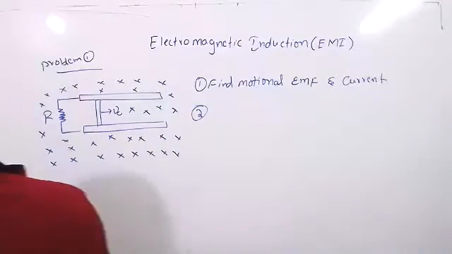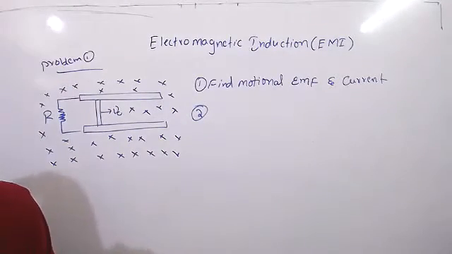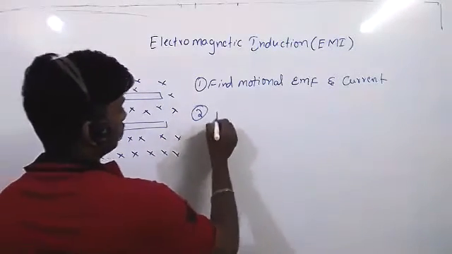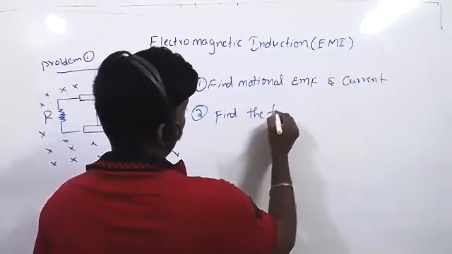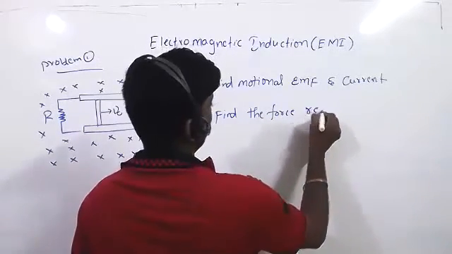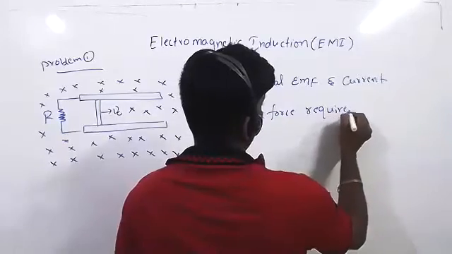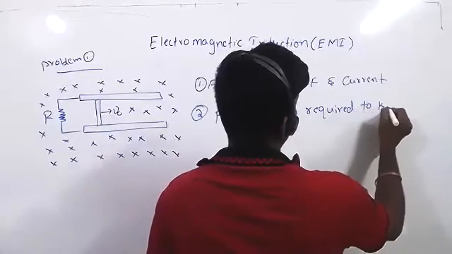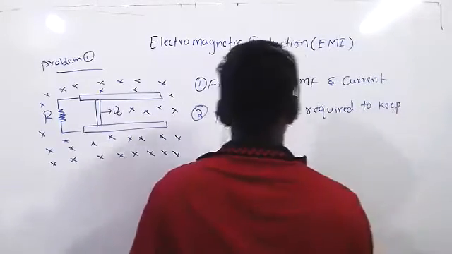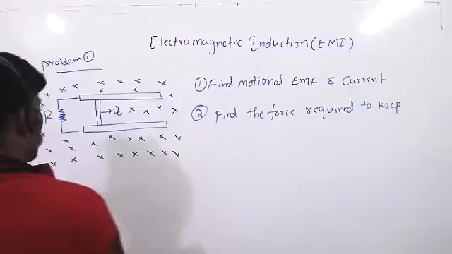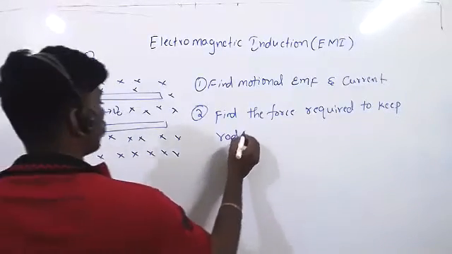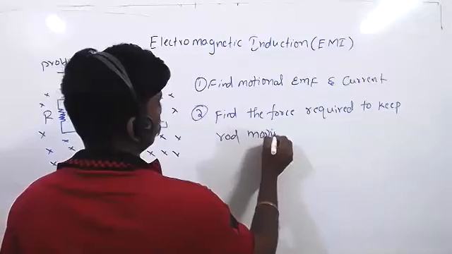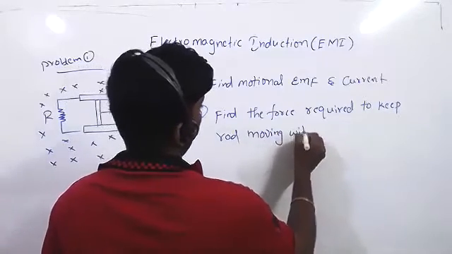Second one: find the force required to keep the rod moving with constant velocity.